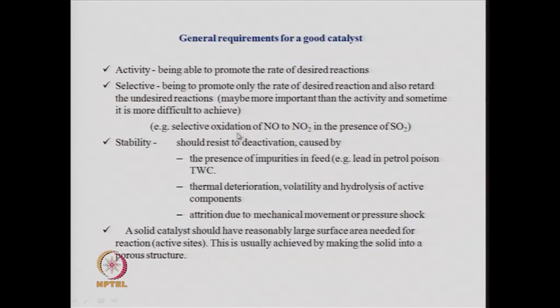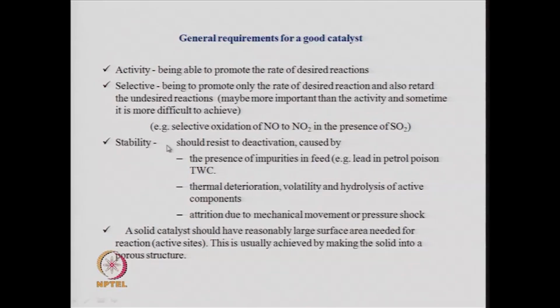An example is the selective oxidation of nitric oxide to nitrogen dioxide in the presence of sulfur dioxide. Sulfur dioxide can be a competing gas. So, if you want a catalyst to only oxidize nitric oxide to nitrogen dioxide, but not oxidize sulfur dioxide, then you need a very selective catalyst to act on nitric oxide.